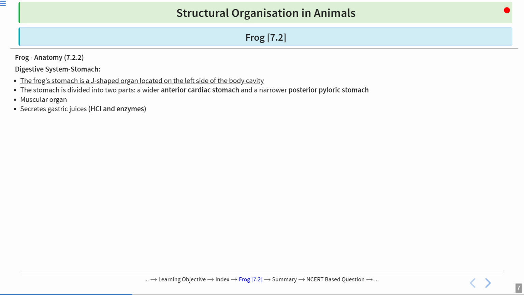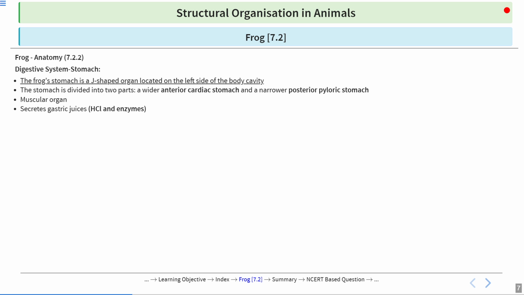It is released in the gastric juice in an inactive form, and that inactive form is called pepsinogen. But in the presence of HCl, this pepsinogen gets converted to pepsin, and that helps in the process of digestion of protein.